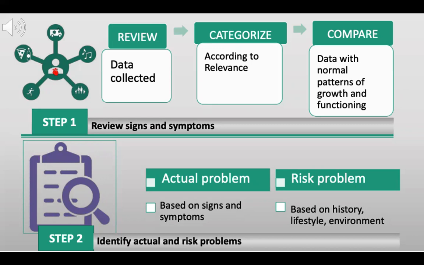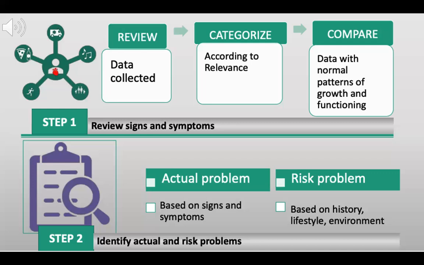So again, the data are grouped, categorized, analyzed, and interpreted according to their relevance to a particular nursing problem, which brings us to the second step of the diagnosis, which is to identify actual and potential problems. From the grouped data, we need to identify if the cues represent an actual or potential nursing problem.